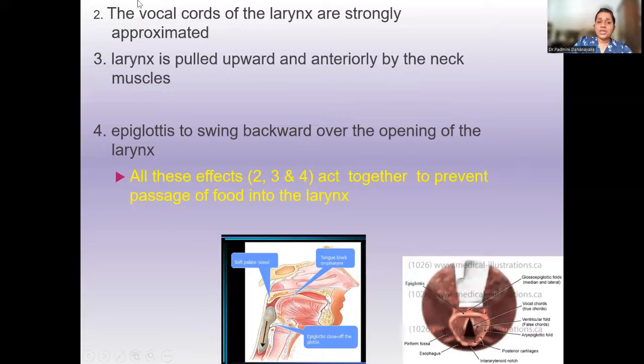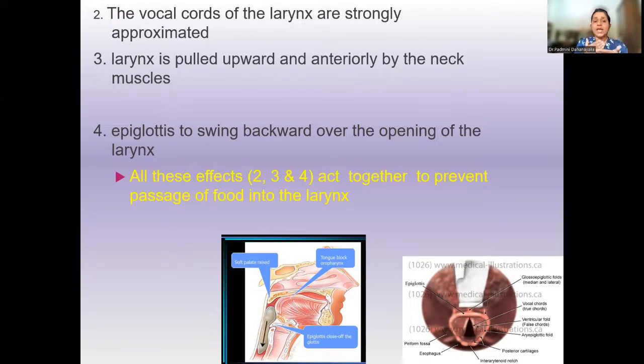Now look at these three. These three movements will close your larynx to prevent the food entering your lungs. So what are these three movements? Follow me carefully. The first is that the vocal cords of the larynx are strongly approximated.